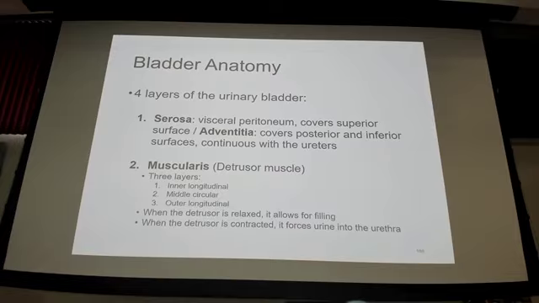In the urinary bladder, the serosa is the outside top portion. Okay. The adventitia is the back and underside. All right. Adventitia is another layer, just like the renal capsule, that is continuous with the ureters, but on the inferior side, so distal, of course.